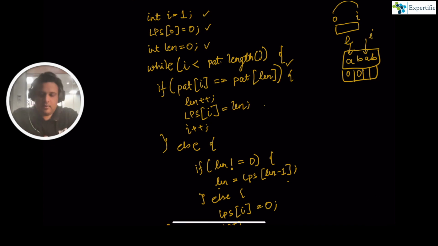I goes here. Now is pattern I equal to pattern length? Yes. So length gets incremented. LPS of I is equal to length, which is at 1 now, and I also goes I plus plus.